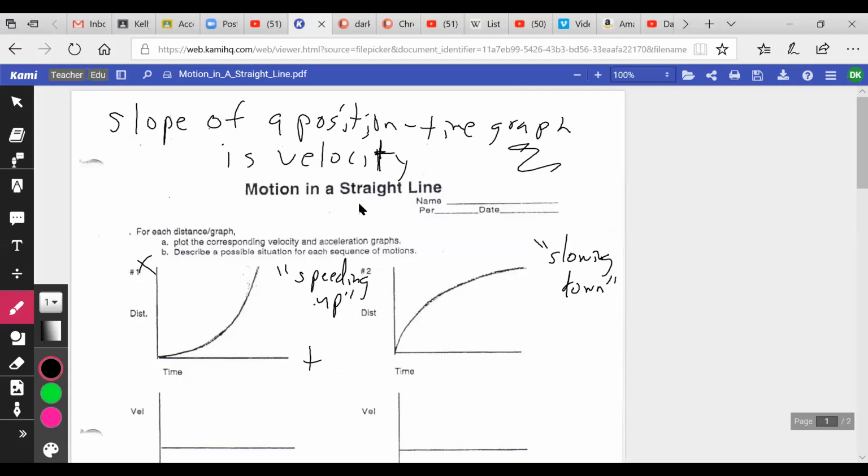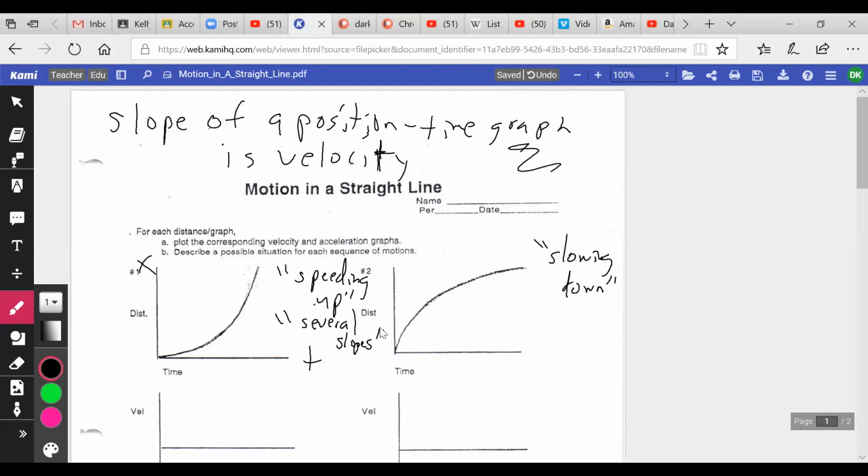The slope of a position time graph gives us the velocity. We do have more than one slope in this situation. And I will tell you right now that in this particular graph, there are several slopes. We don't care how many we can get, but we can get a slope at each point.